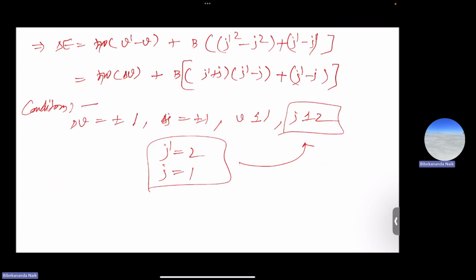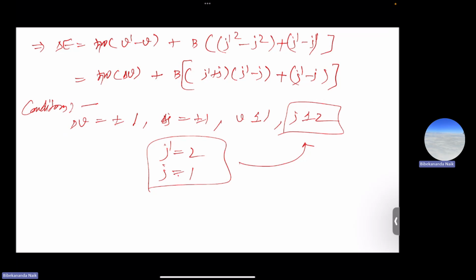So the maximum value of j is 2, and j can't be 0 for the largest transition. So j' will be 2 and j will be 1.